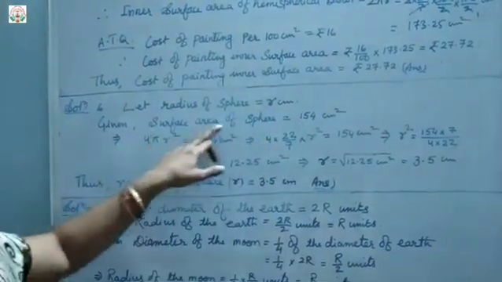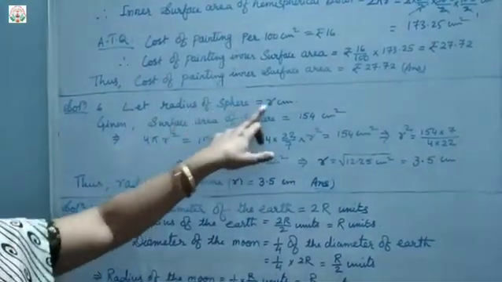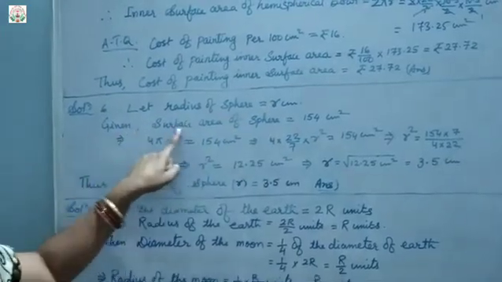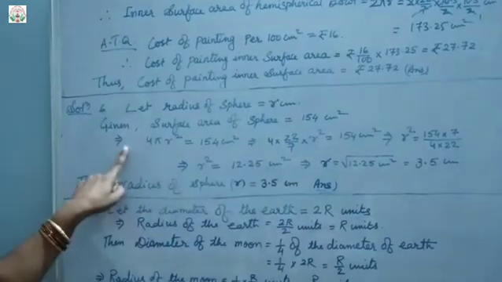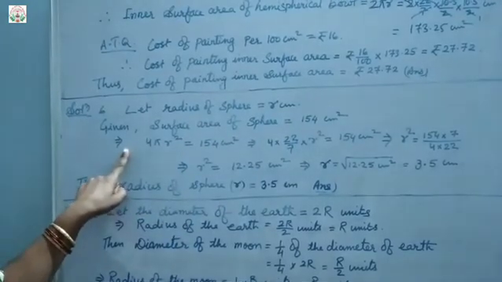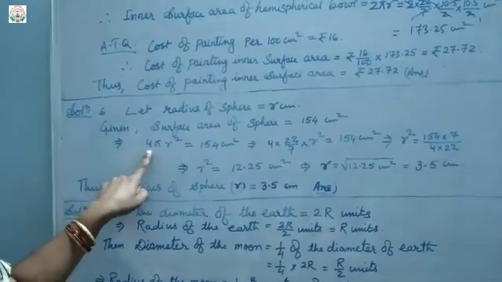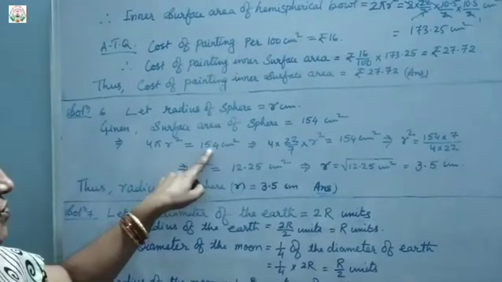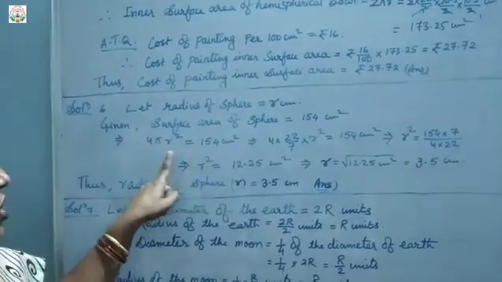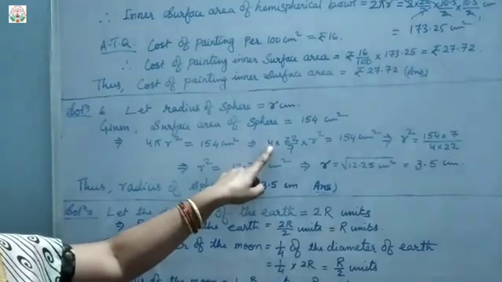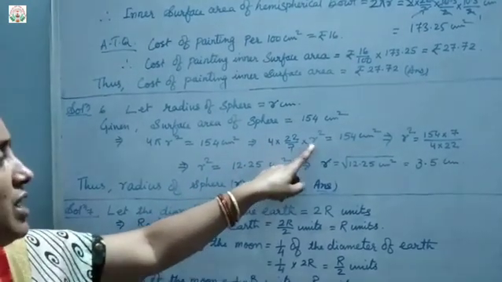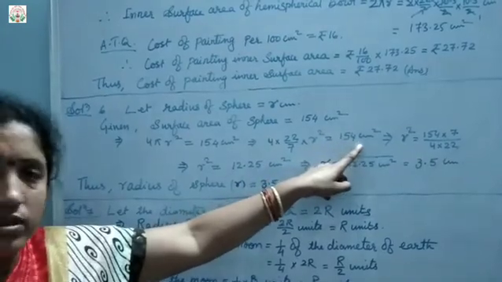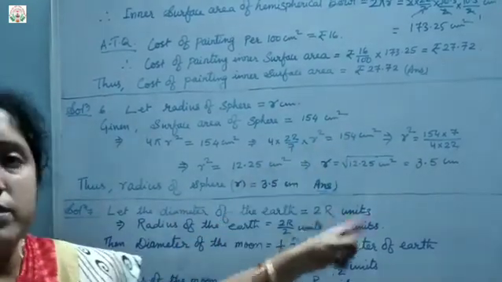So let the radius of the sphere be r. So given surface area of the sphere is how much? 154 cm square. We know the formula of surface area of a sphere, that is 4 pi r square equals 154 cm square. So now put the value of pi over there, that is 4 into 22 upon 7 into r square equals 154. So now take this to the other side.